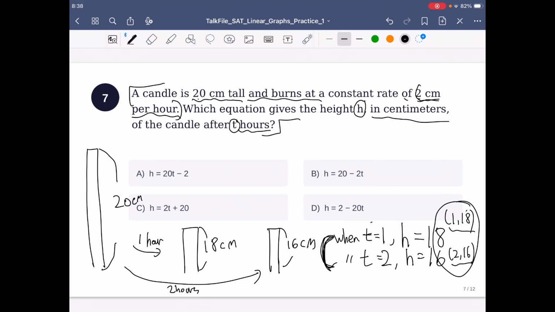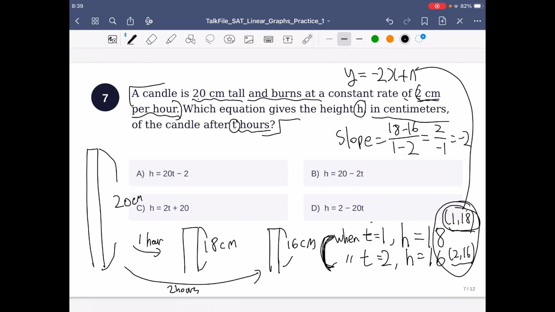You can find the slope first: rise over run, so 18 minus 16 over 1 minus 2. That is 2 over minus 1, which is minus 2. Then you can make an equation like minus 2x plus n, and put one of these coordinates, 1 and 18, into this equation.